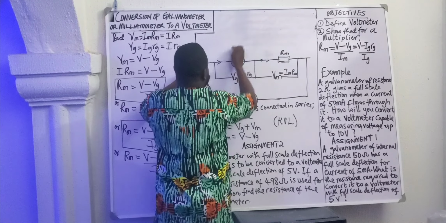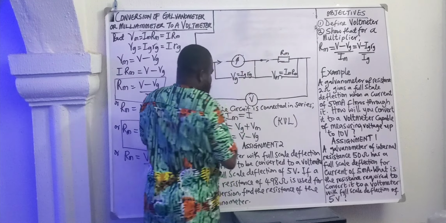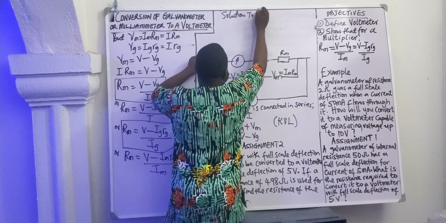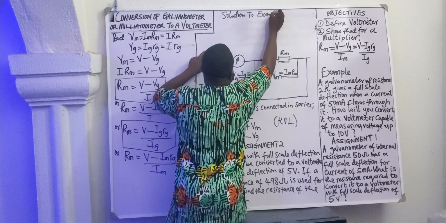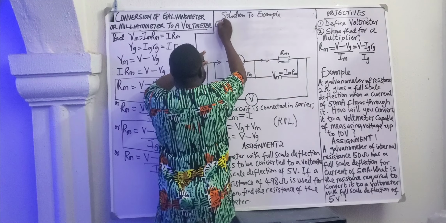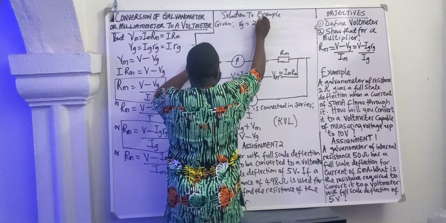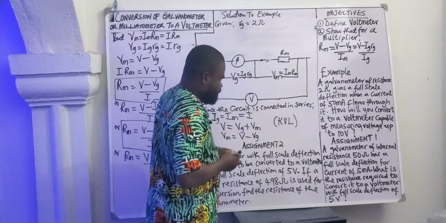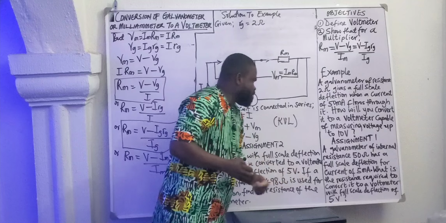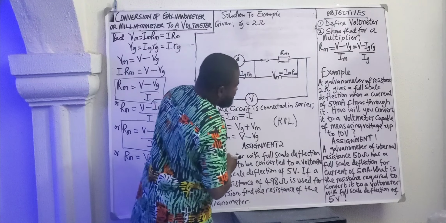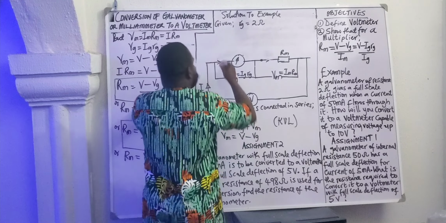Solution to the example. We are given the resistance, that's the internal resistance of the galvanometer, R_G, given as 2 ohm. And then we are given the full scale deflection current through the galvanometer as 50 milliamp.